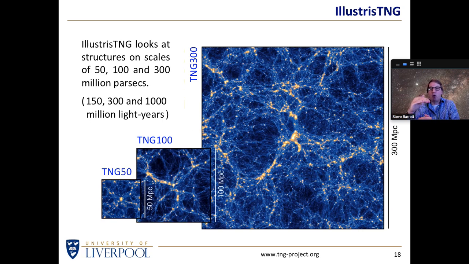Looking on a smaller scale of 50 megaparsecs or so, that gives us a much better idea of how individual galaxies and clusters of galaxies form. And the intermediate scale of 100 megaparsecs was carried out to make sure that we had linkage between the smallest detailed scales and the largest web filament scales.